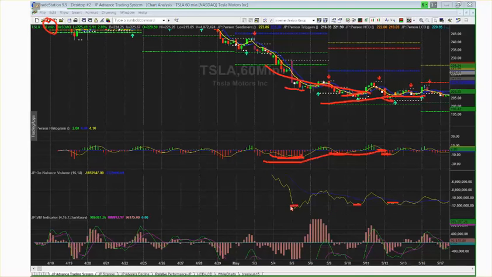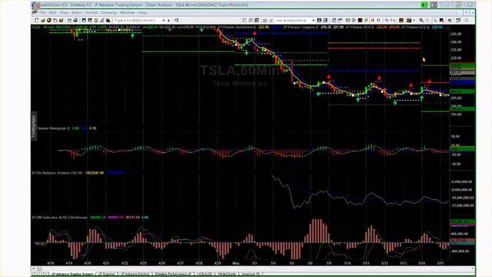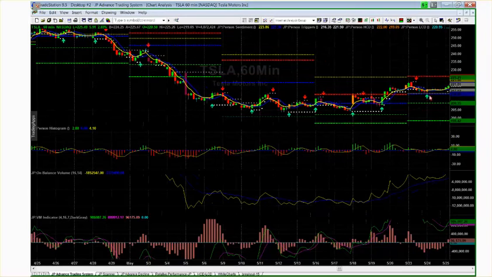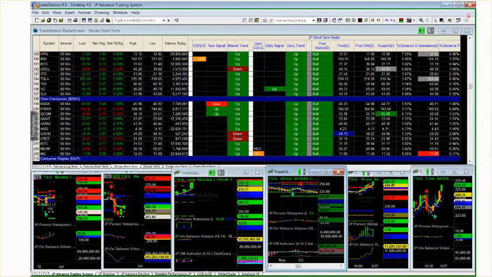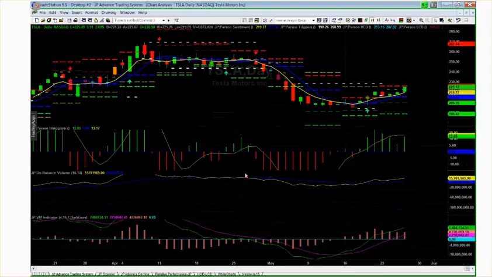What are the indicators sharing with you at this point in time? At this point in time, it's sharing that the market's getting sold off, making lower lows. And just like any other indicator will share with you, the volume's starting to do what? Dry up. So Tesla is one that, coming into support, you're starting to see over time had generated a nice little buy signal on the 60 minutes.